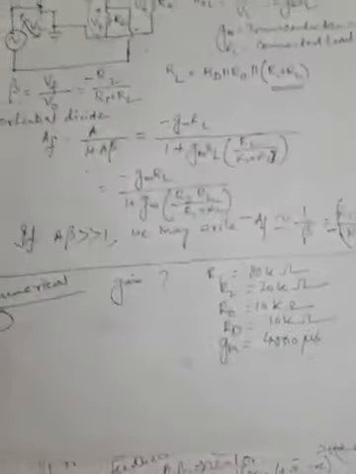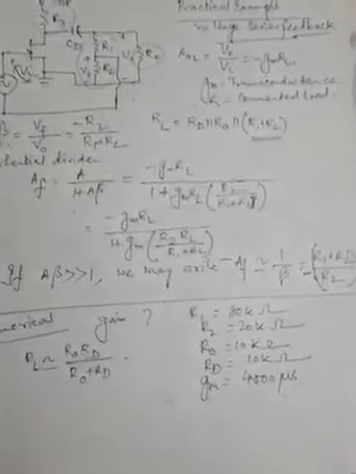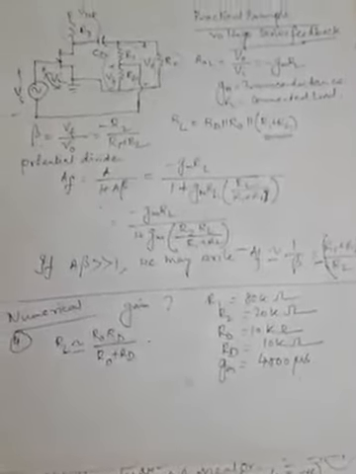So first what we should write, RL approximately RO parallel RD, need to find this RO RD divided by RO plus RD, because RO and RD are in parallel, which is treated as the load resistance. So this is 10K into 10K divided by 10K plus 10K. So this will come out as 5 kilo ohm.